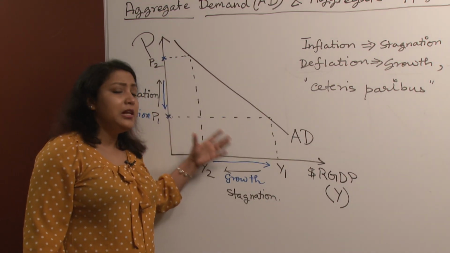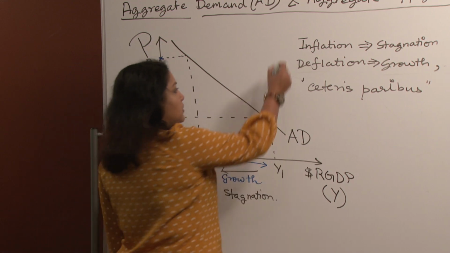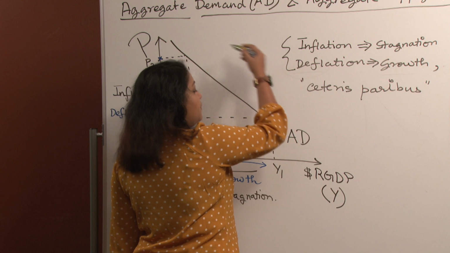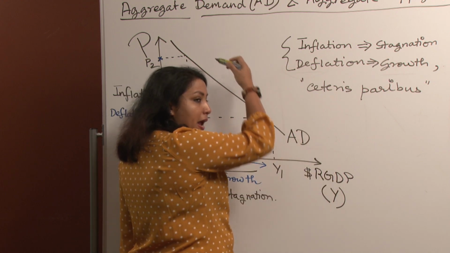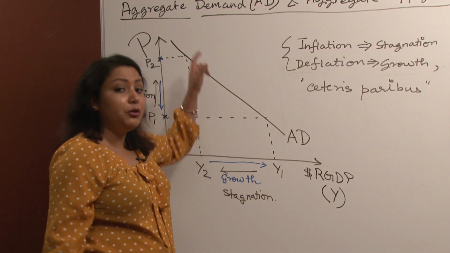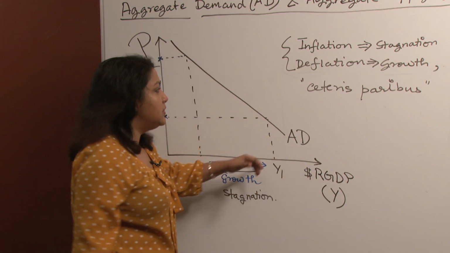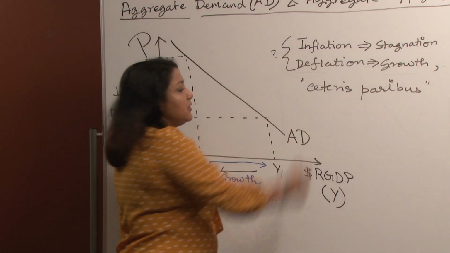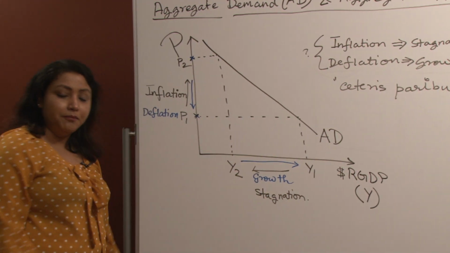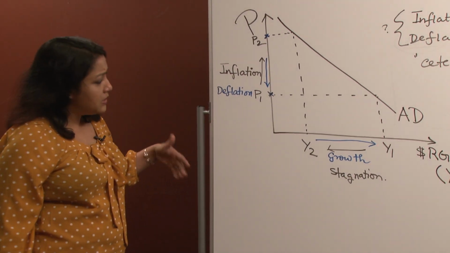But what really leads to this downward sloping aggregate demand curve? Or in other words, why do we see this inverse relationship between P and real GDP? Why do we see this inverse relationship between the price index and real GDP? So what defines this inverse relationship? That is the question that we must answer. Now to understand that, let's go into some details.